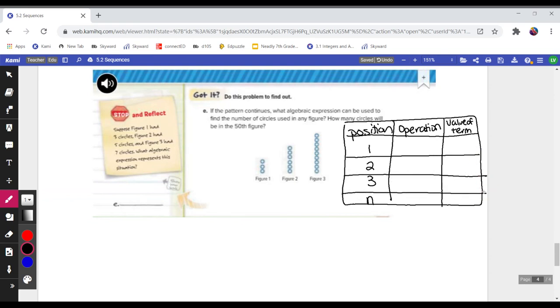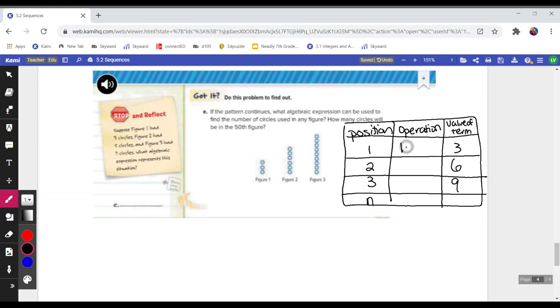My first position's value is 3. My second position's value is 6. My third position's value is 9. So this is referring to 1 times 3. Then we have 2 times 3, 3 times 3, and then we'll have n times 3. Well, n times 3 becomes 3n, because again, the number goes out in front because it's the coefficient.